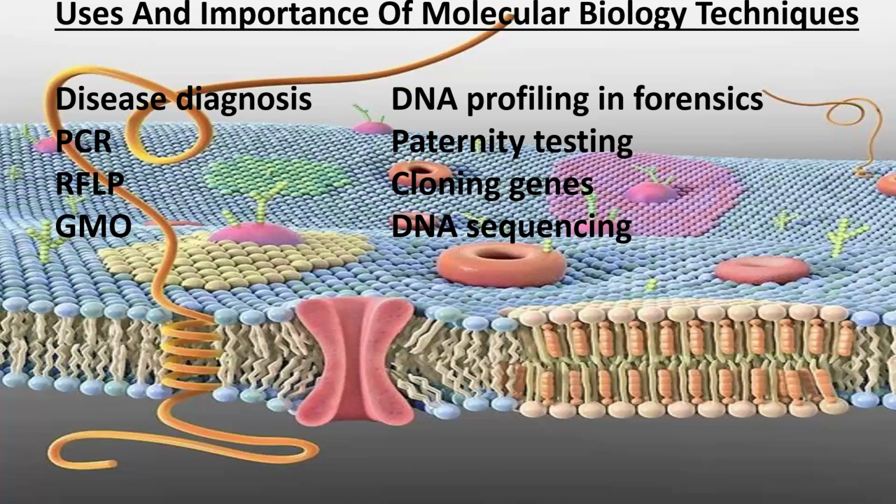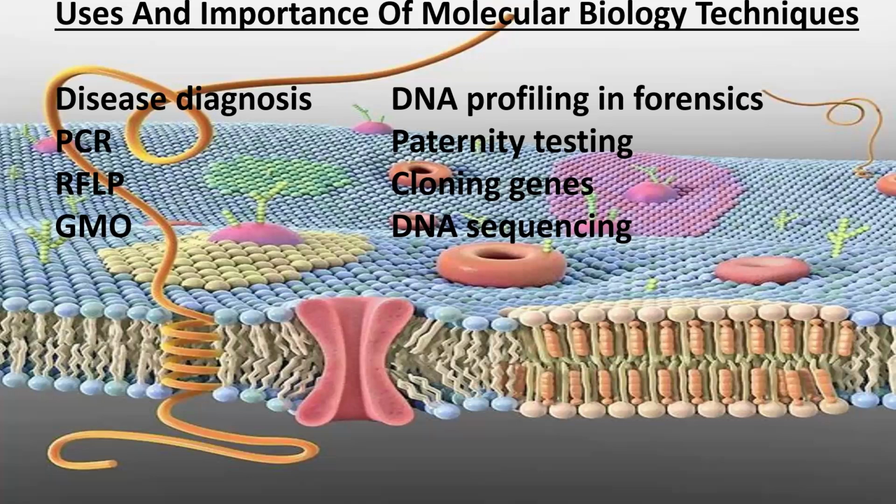Scientists can change the DNA of plants or animals to give them new traits. For example, some crops are modified to resist pests and help farmers grow more food.